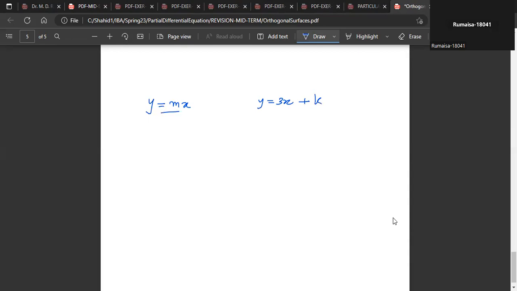So in this case, you have a family of straight lines that pass through the origin with arbitrary constant m. A differential equation is formed by removing this arbitrary constant m. This is another family of straight lines which passes through some point (0, k), and all lines have the same slope 3. So you make a differential equation: y prime is equal to 3, and that's it.